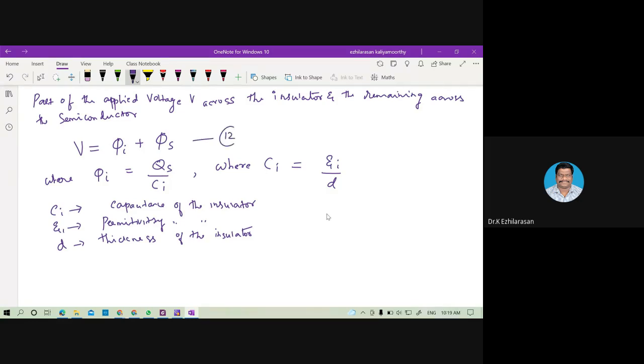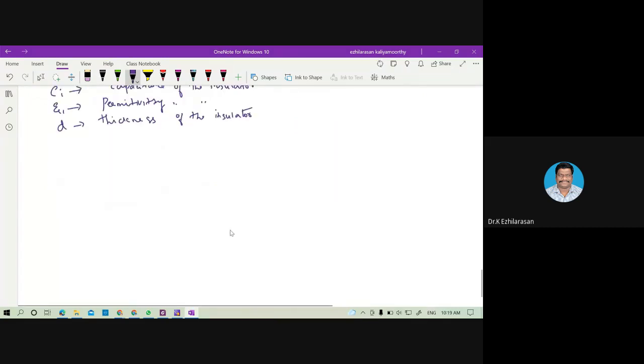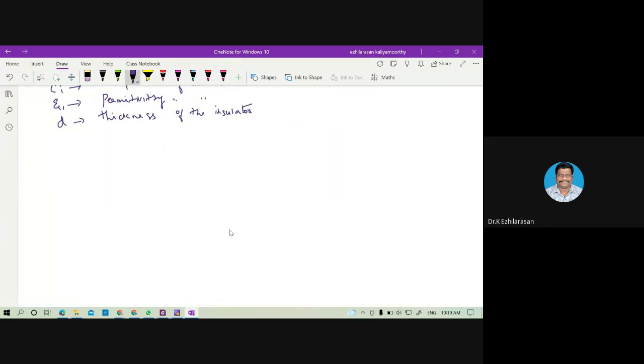You substitute the values over there, so we may get V equals Qs by Ci plus φs. Again we get V equals Qs d by epsilon i plus φs. So this I will consider as equation number 13.